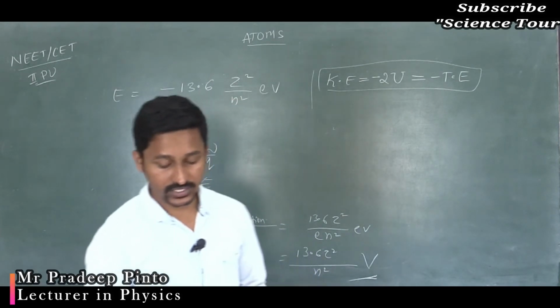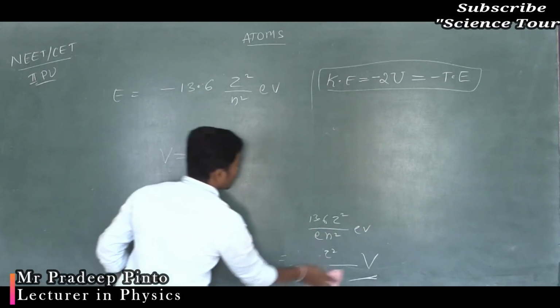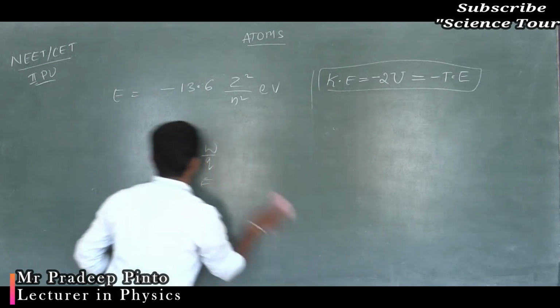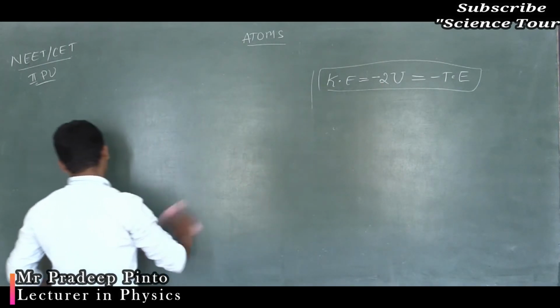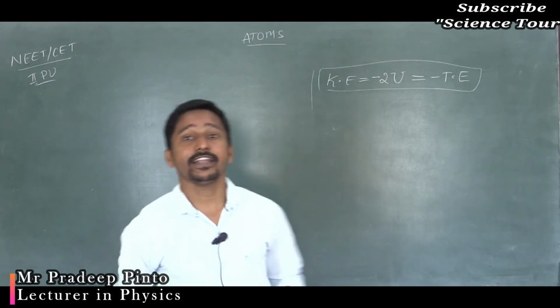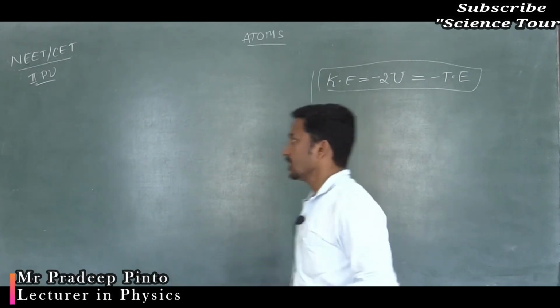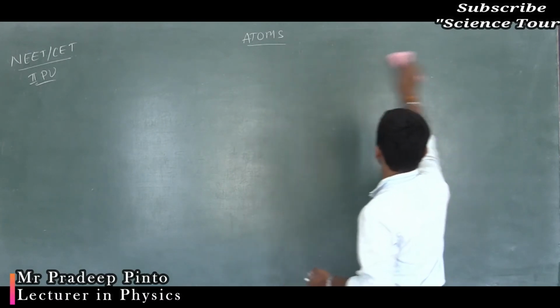Ionization potential is this. And after that we are going to talk about spectral series. Actually, when Bohr gave his model of an atom, the main question was to explain the hydrogen spectrum.